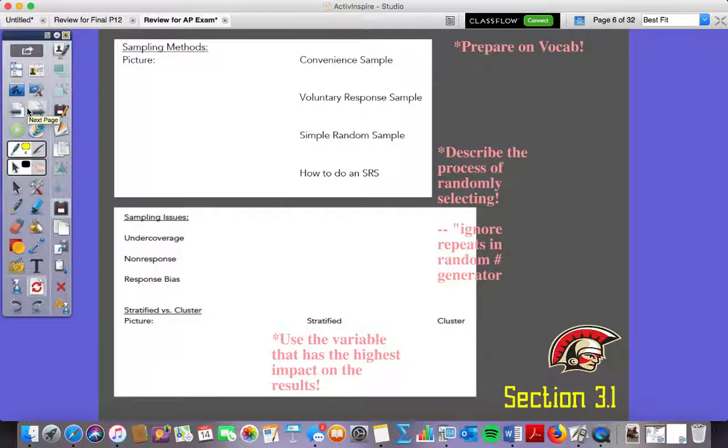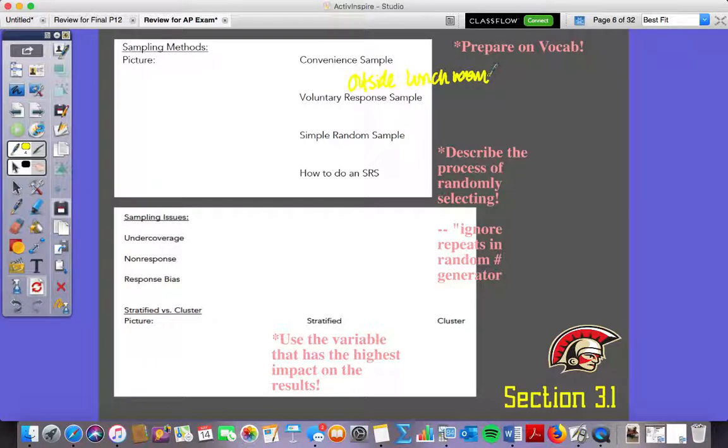All right, sampling methods. We have a couple of things. I don't think we actually have a problem with these, so I'm not going to go too much into them. The vocab is the key. A convenience sample is, for example, outside the lunchroom.